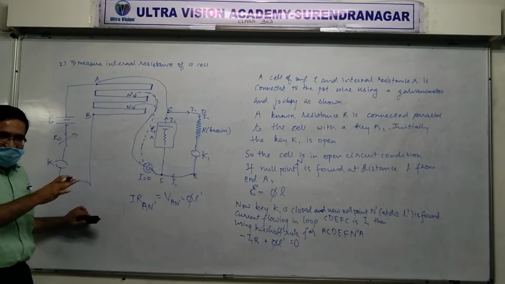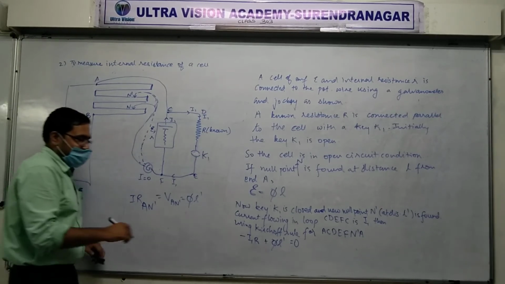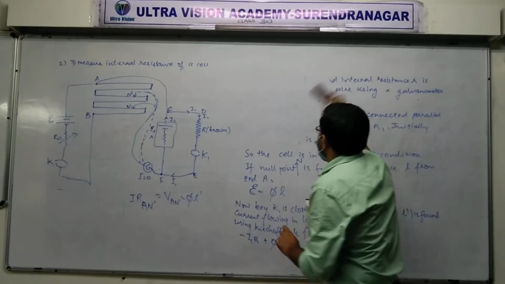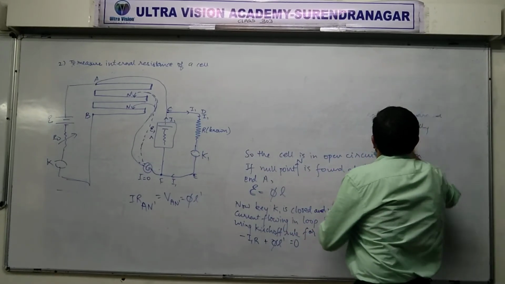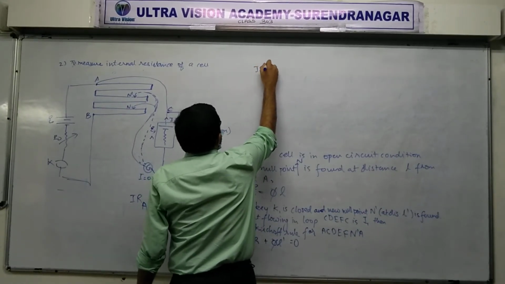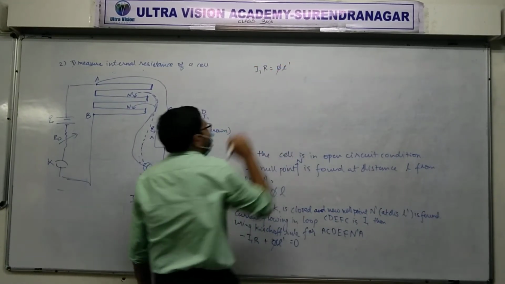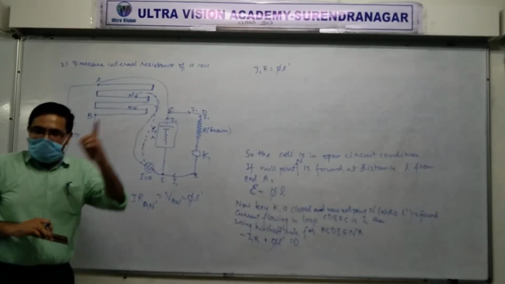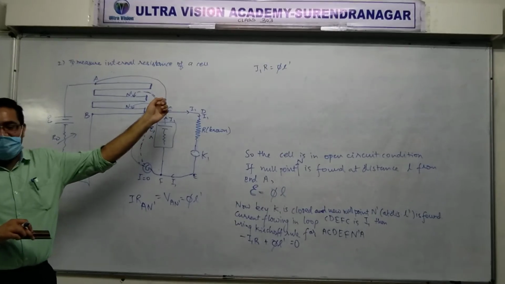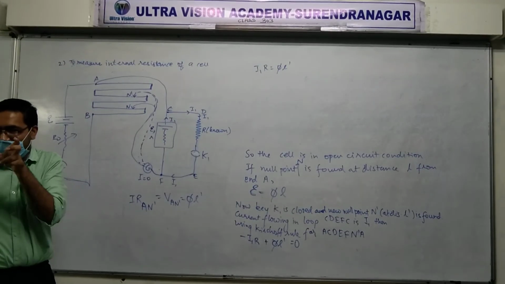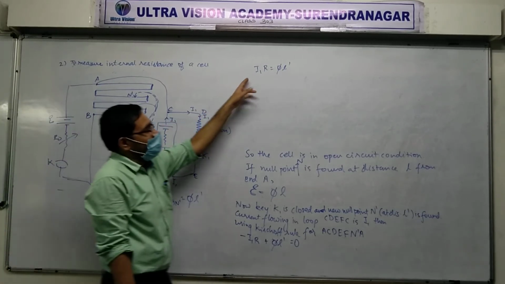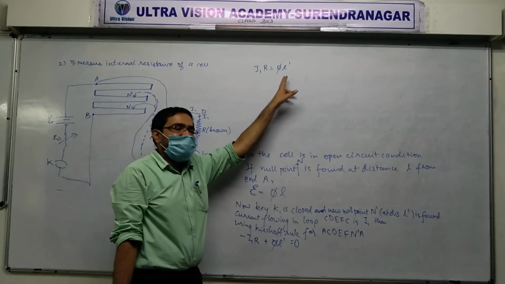What relation do we get from here? We get I1 into R is equal to phi into L dash. Already I had written this earlier: this and this are in parallel, so I1 into R, the terminal voltage, is equal to phi into L dash.